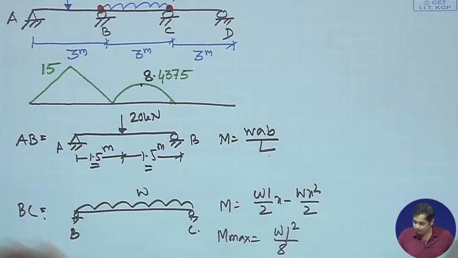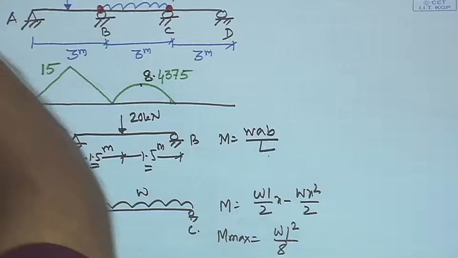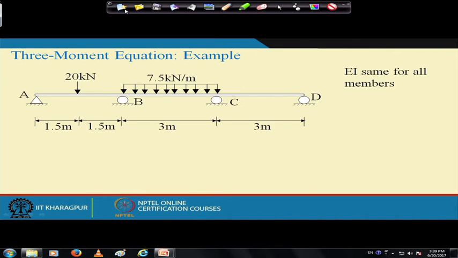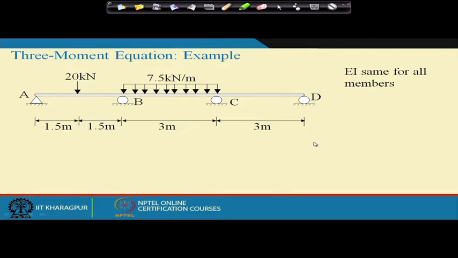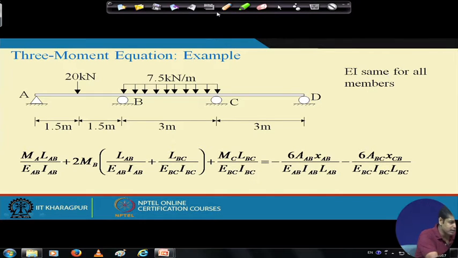Now, the equation for the three moment theorem is this. Since EI is constant in this case, these values are all constant.